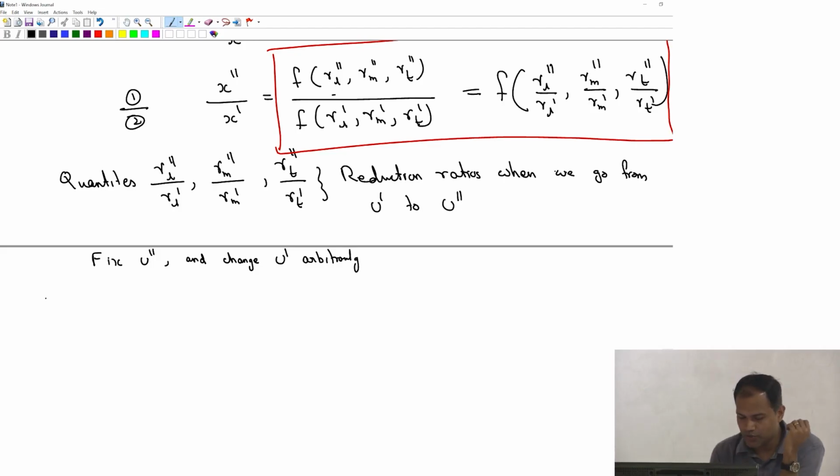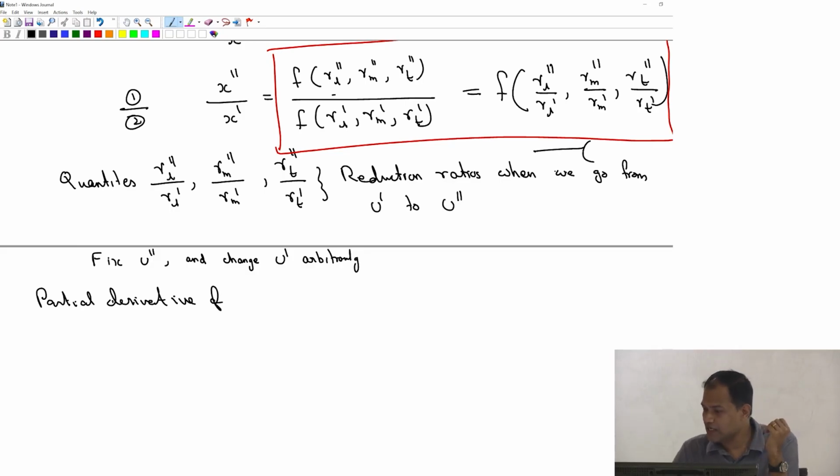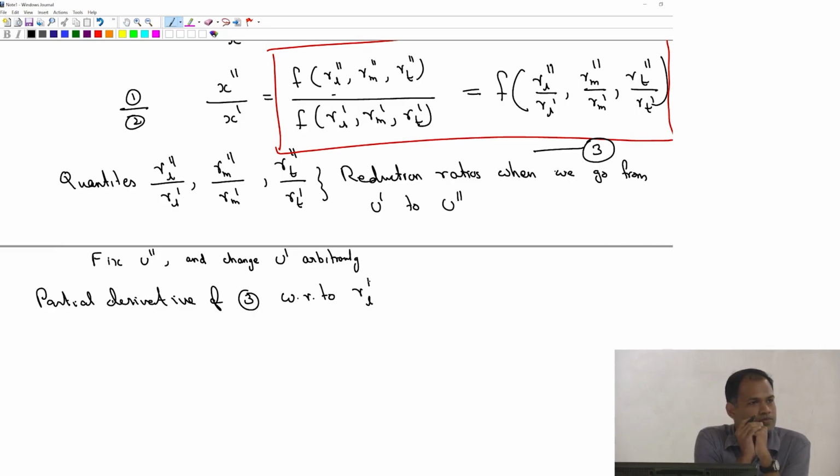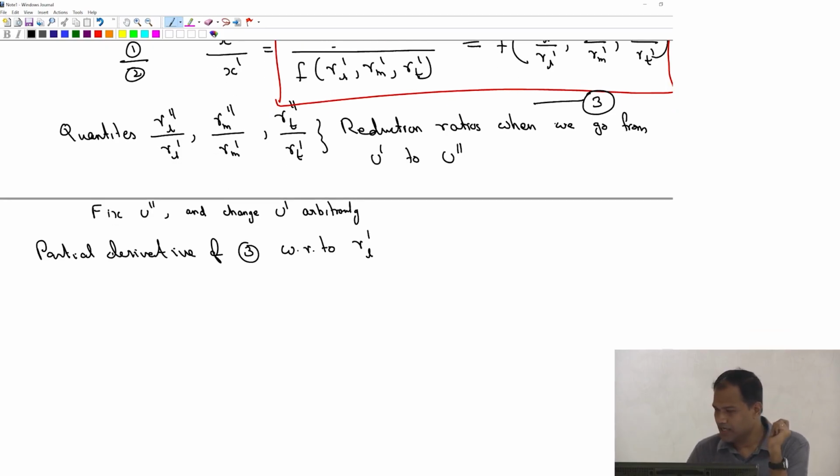In fact, what I want to do is take the partial derivative of this expression, let us call it expression 3, with respect to, let us say, RL prime. So I am keeping my primed variables as variable really.